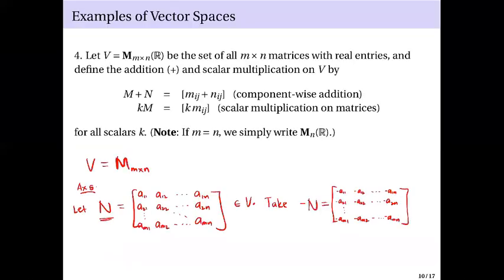Now, once you've proven axiom 4, the zero vector is the matrix whose entries are all 0, 0, 0, etc. So it's just your zero matrix.